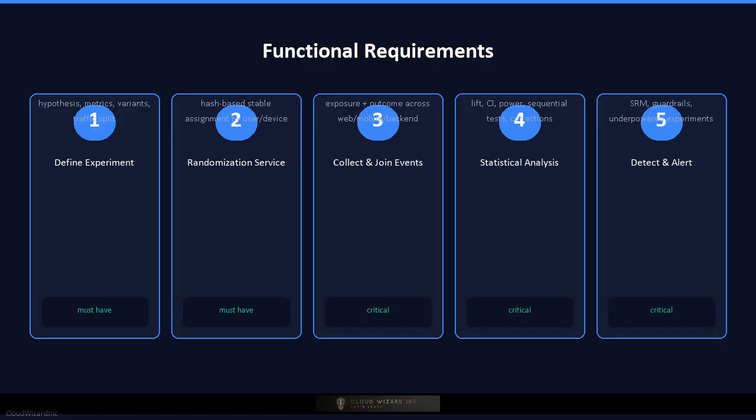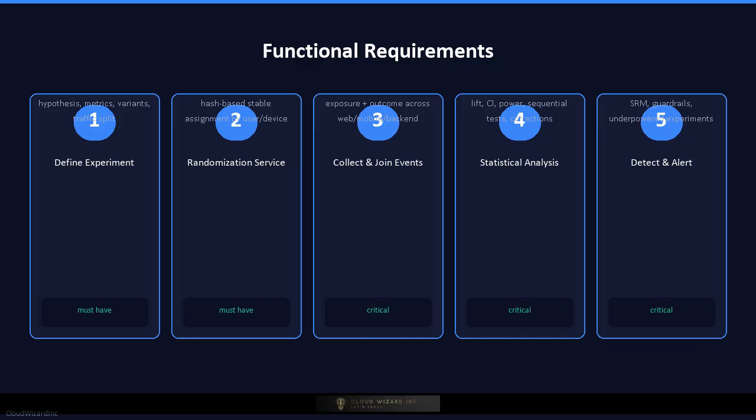Third, it must collect, validate, and join exposure and outcome events from web, mobile, backend, and data warehouse sources. Fourth, it must compute experiment results including lift, confidence intervals, p-values, and statistical power, while supporting multiple testing correction and sequential testing for early stopping.